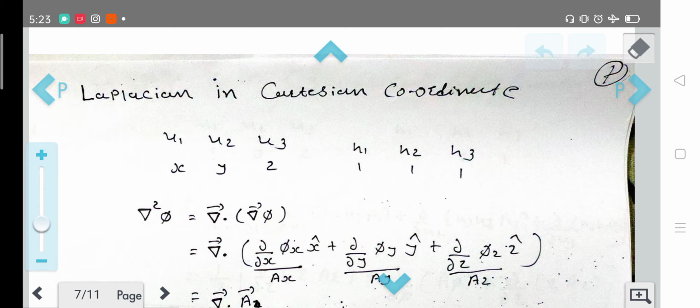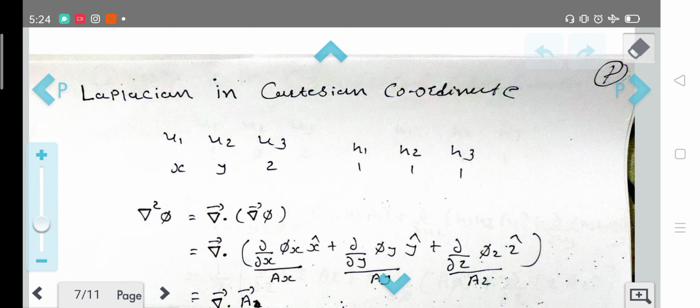We have already got the equation for gradient of phi in Cartesian coordinate system, which will be del by del x of phi x cap plus del by del y of phi y cap plus del by del z of phi z cap.